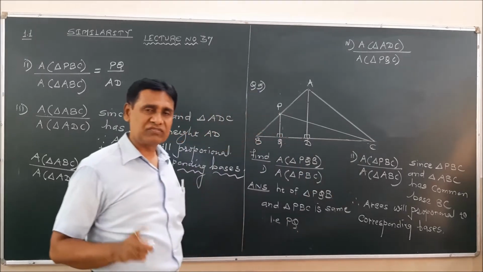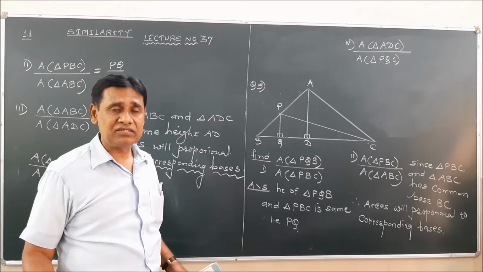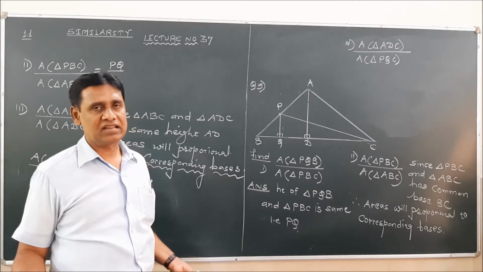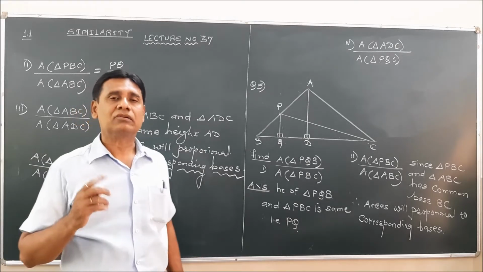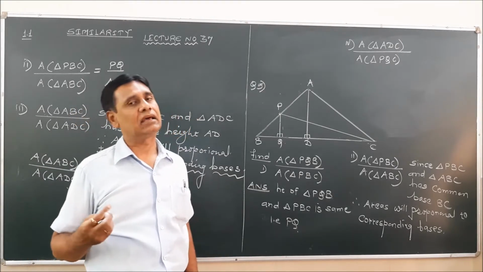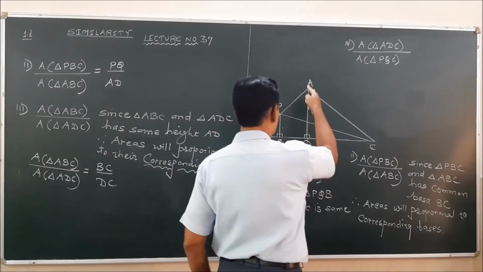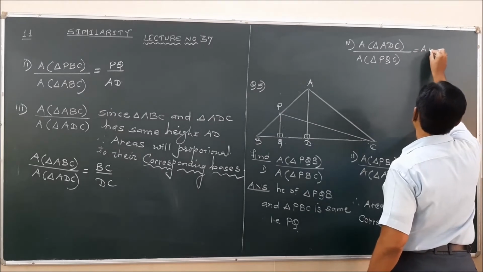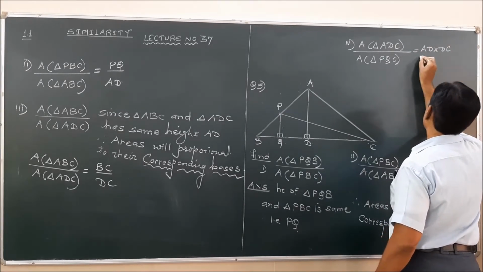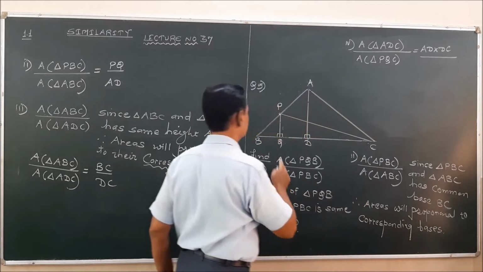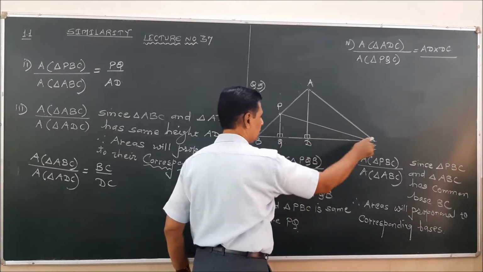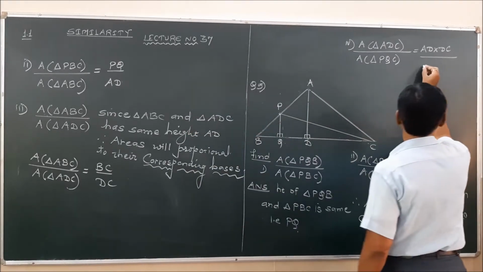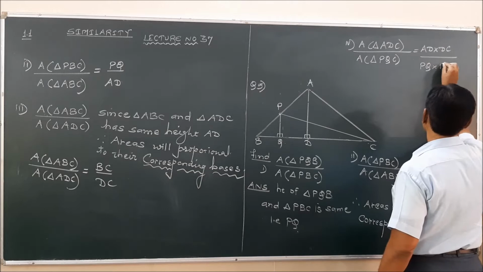In this case, you will notice one thing. Neither height nor base are equal. Naturally, their areas will be proportional to the product of their base and height. So for ADC, you will get AD into DC, while for triangle PQC, PQ is the height and QC is the base.